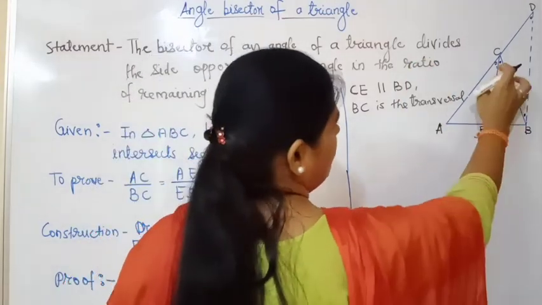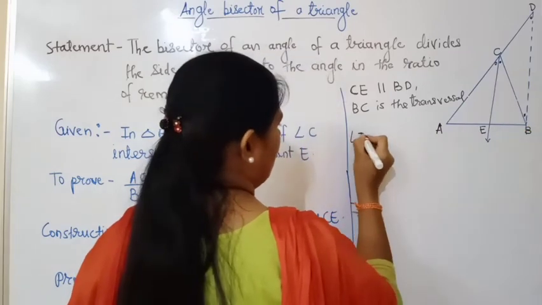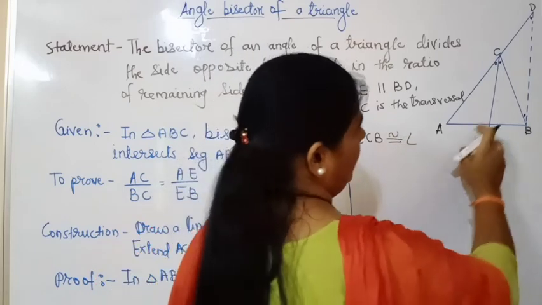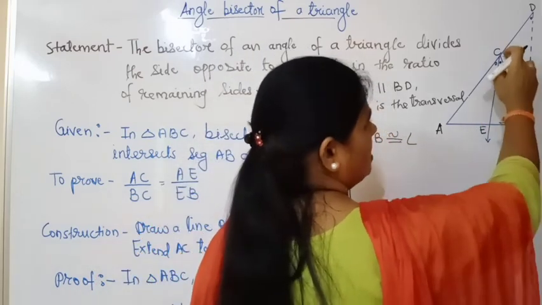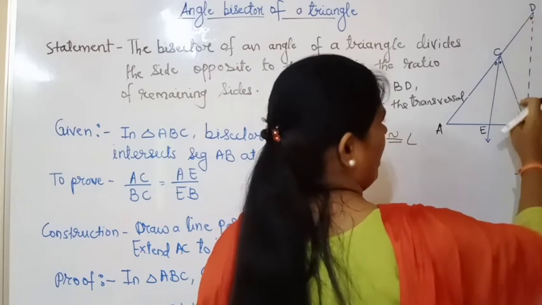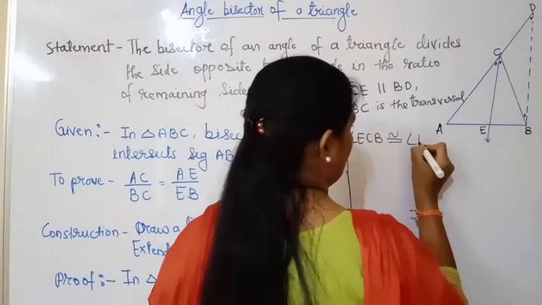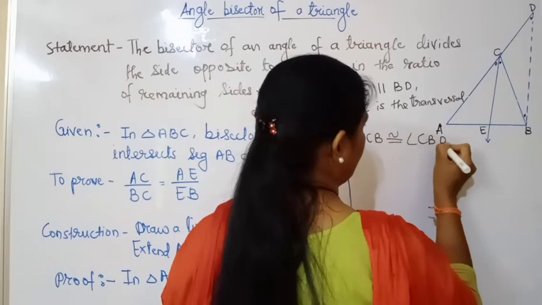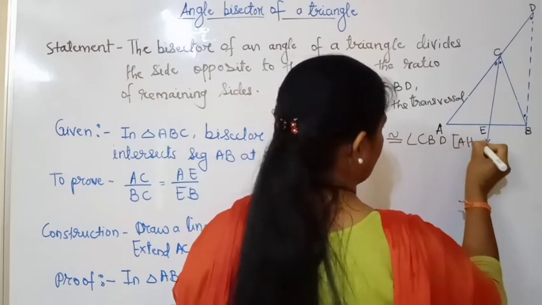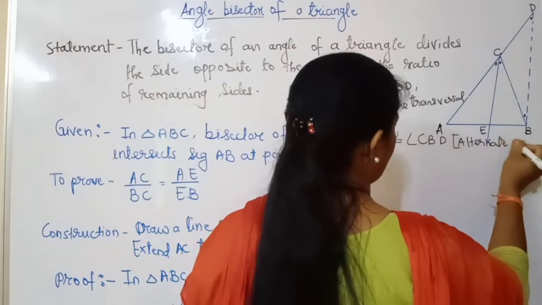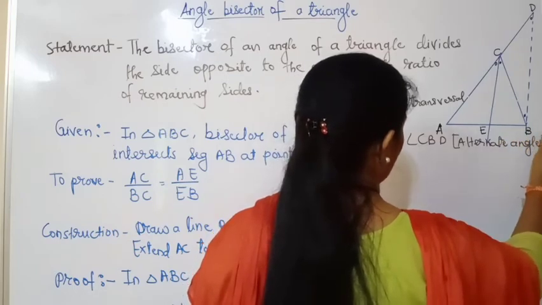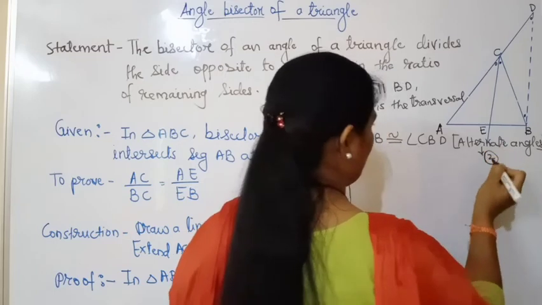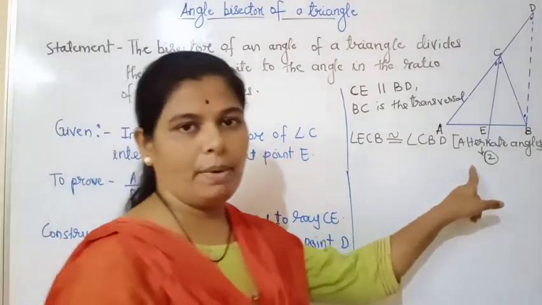Angle ECB is congruent to angle CBD. These two angles are congruent because they are the alternate angles. In the bracket we will write the reason, that is, the alternate angles, and we will number it as number 2. This is our number 1, this is our number 2.